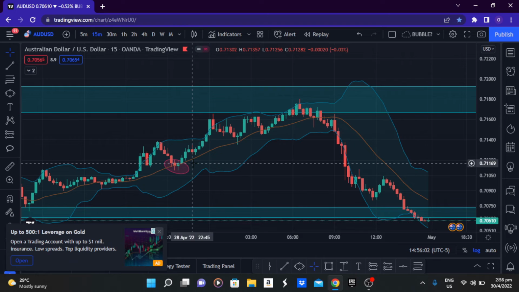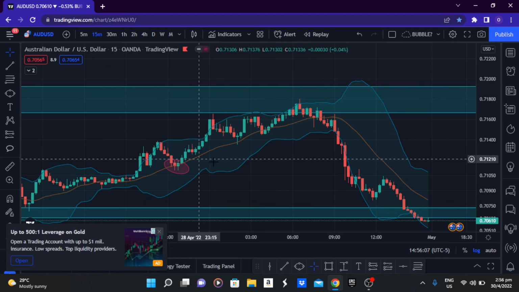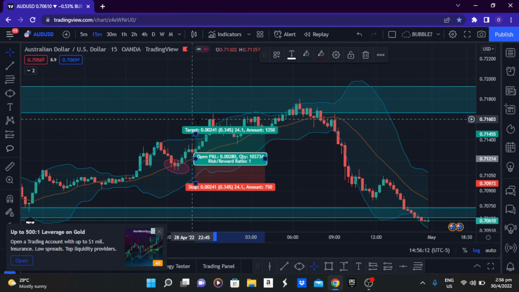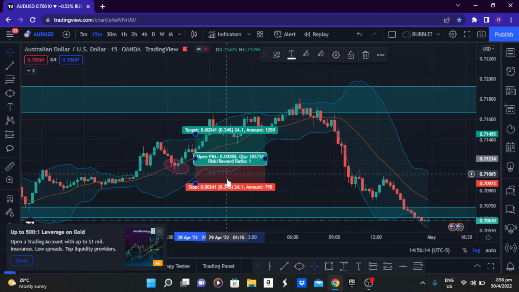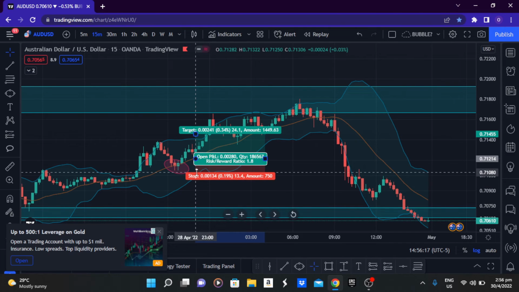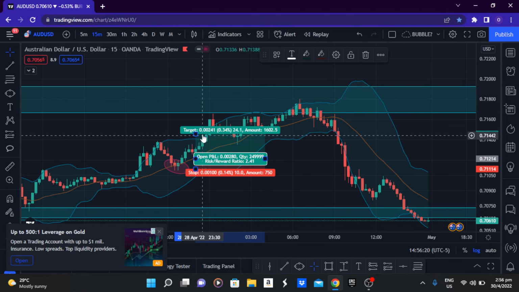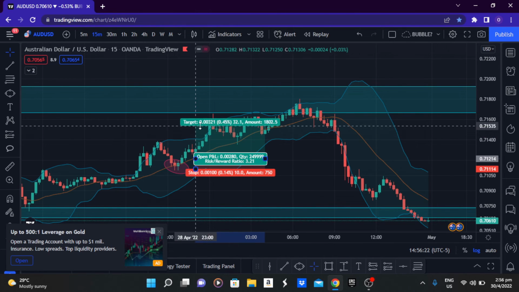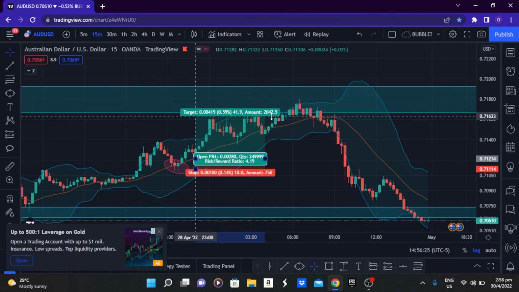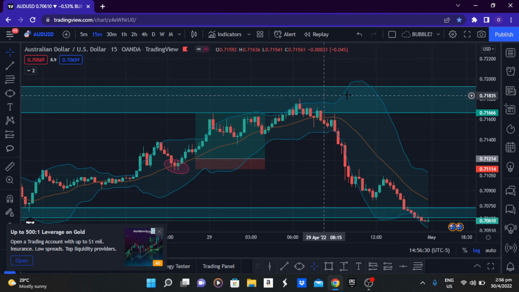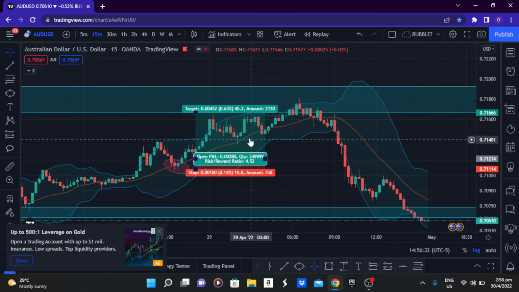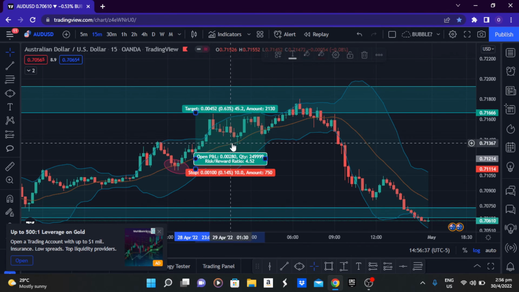So what I would do is wait for this candle to close above the SMA, and then I'll enter right here, exactly right here. And then I'd have a 10 pip stop loss, and this would be my take profit at this resistance level right here. And that's 45 pips. That's an example.